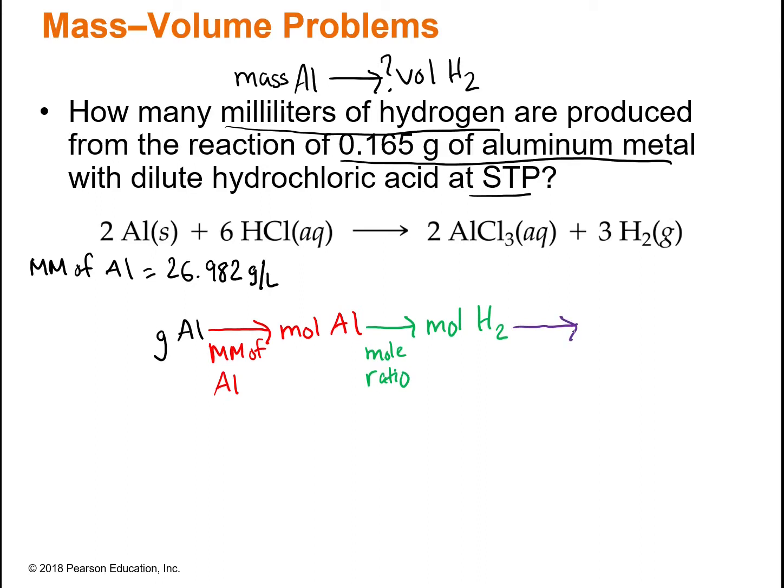This last piece, which is a little bit different than before, we're trying to figure out the volume. That means we have to use molar volume to convert moles of hydrogen gas to liters of hydrogen gas. For this question, we have to report our answer in milliliters. I'm going to leave this like this, and we'll do that conversion at the end to get to the final answer. But in general, this is how you go from mass to volume.